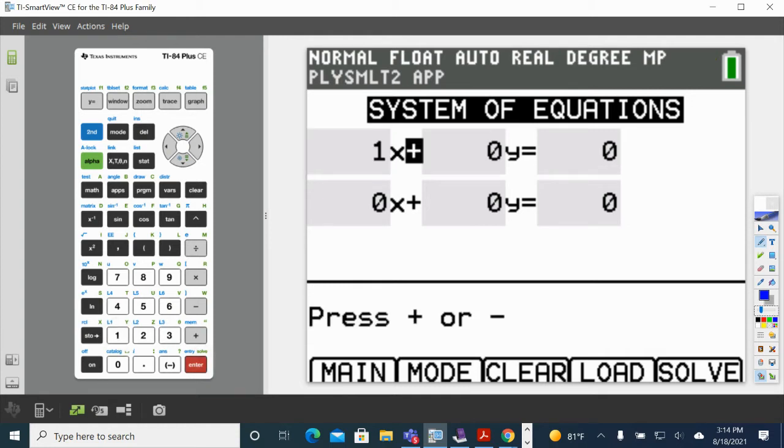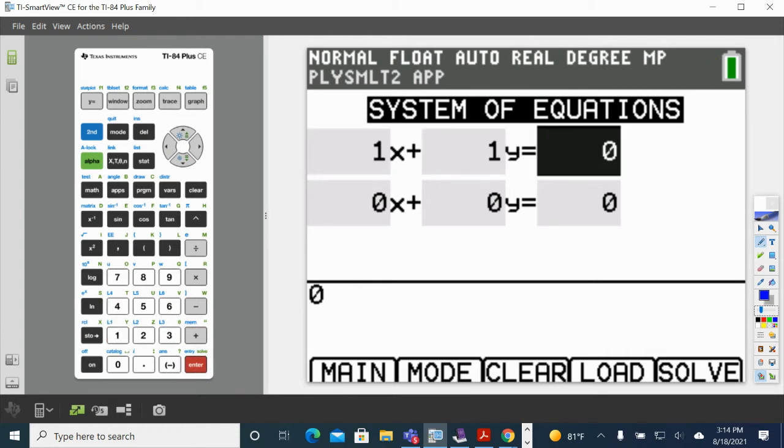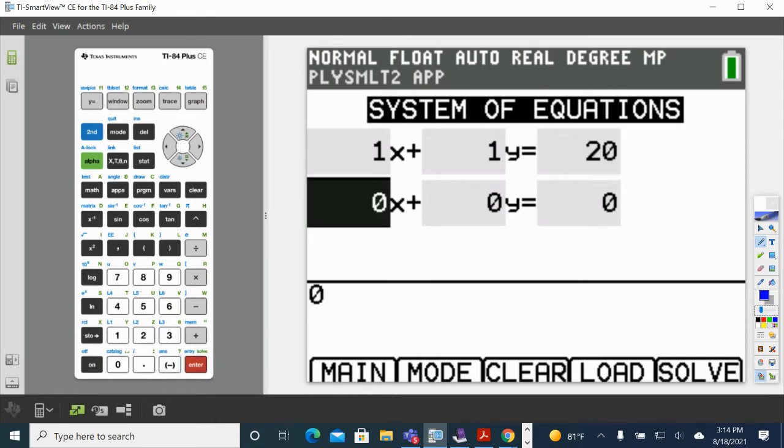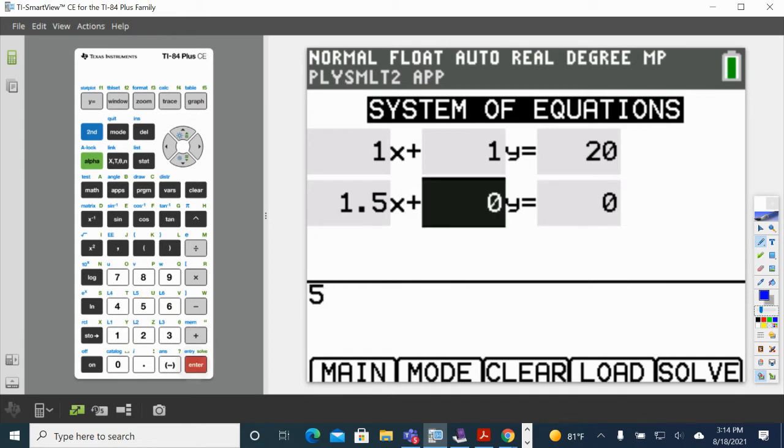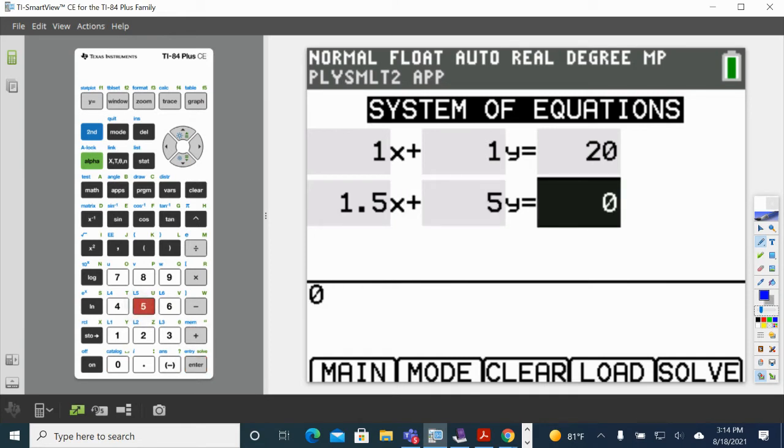1x plus 1y equals 20. Now, in the calculator, we cannot change the x to a b and the y to a c. You just know that your x and your y are your b and your c. $1.50x plus 5y equals $54.50.